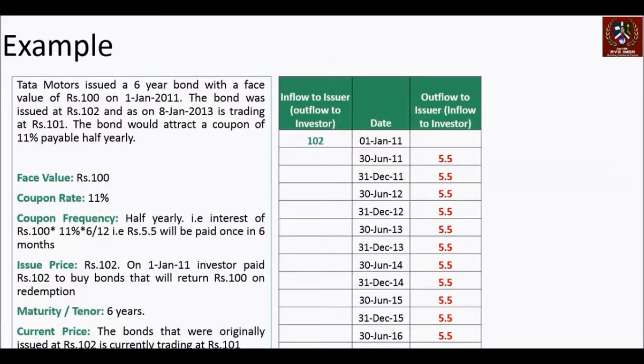Let's take an example. Let's assume that Tata Motors issued a 6-year bond with a face value of rupees 100 on 1st of January 2011. The bond was issued at 102. Now that's the issue price.